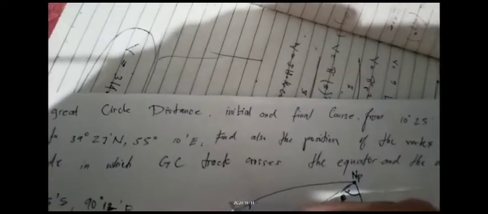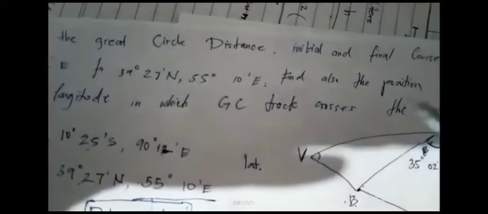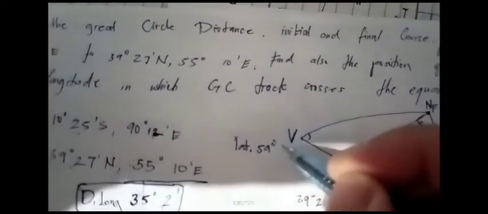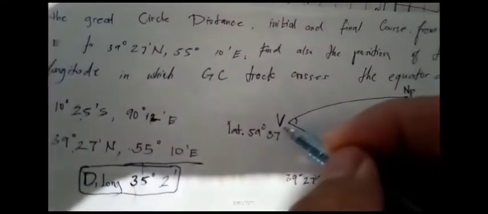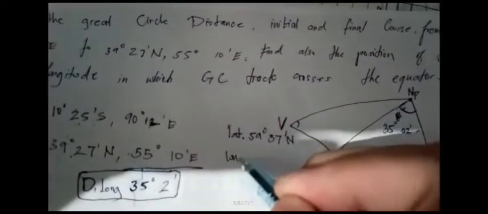This will be our V. The label of our V is our latitude of vertex and longitude of vertex. For our latitude of vertex, we have 59 degrees 37 minutes north.